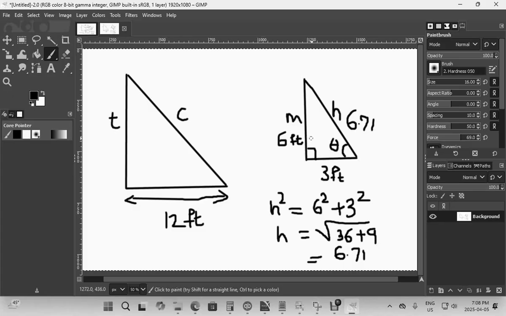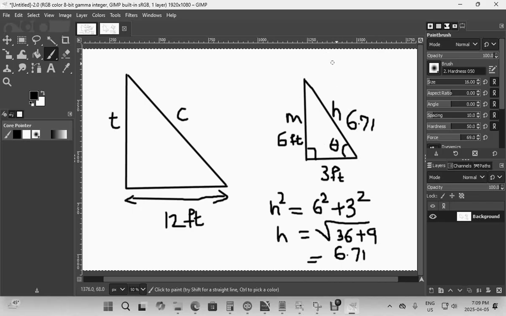As a matter of fact, we can use sine, cos, and tangent as far as the trig ratios are concerned. So your sine theta will be 6 feet over 6.71, and your tan theta will be 6 feet over 3 feet. So let's go ahead with tan.